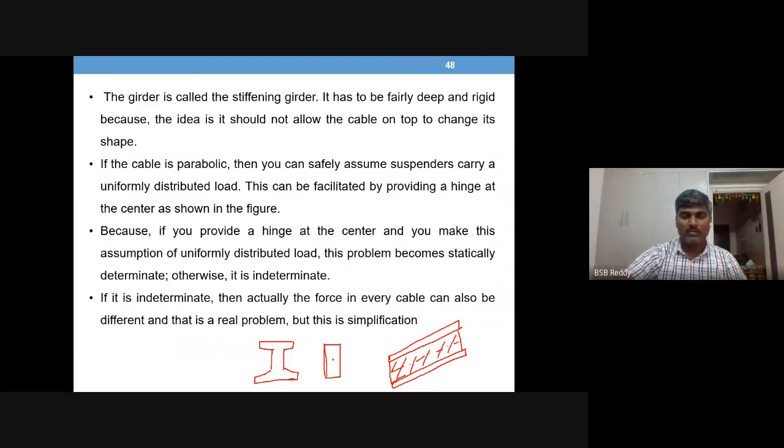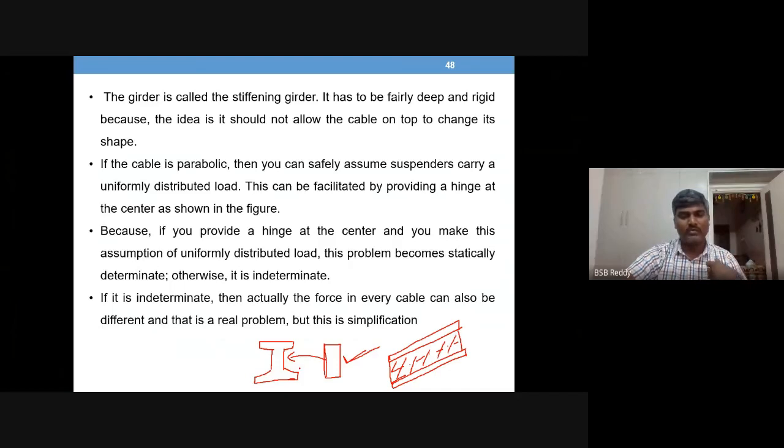Regular cross sections will not prove to be economical and safe, so we move to girders shaped mostly as I sections.